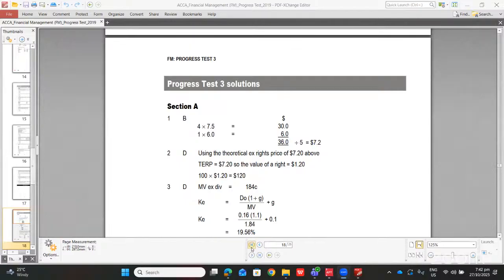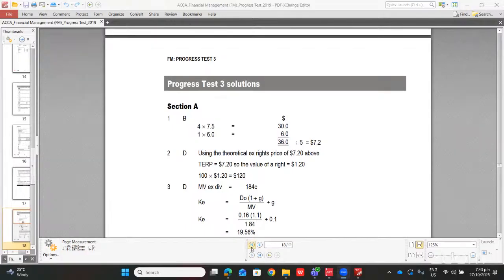And last but not least, question 3 says the company's ex-div market value, and we always want ex, is 184 cents, which is $1.84. Assume a dividend of 16 cents has just been paid. It's not about to be paid, but it has been paid. All right, 16 cents is the dividend. The growth rate is 10%. They're giving us everything we need. What is the cost of equity? We have the growth rate, 10%.